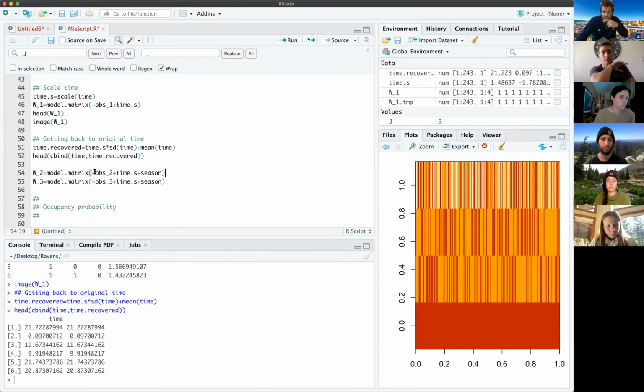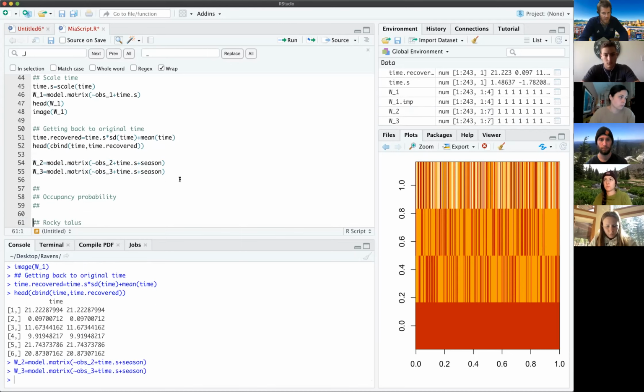Now we have three different visits, so we're going to make three different design matrices, one for each visit. This 2 refers to our second visit, not observer 2, but all the observers who visited each site on the second visit, j equals 2. And then this is for j equals 3.